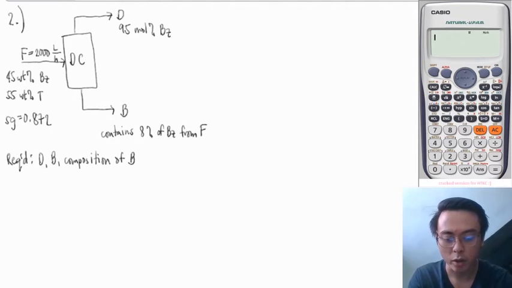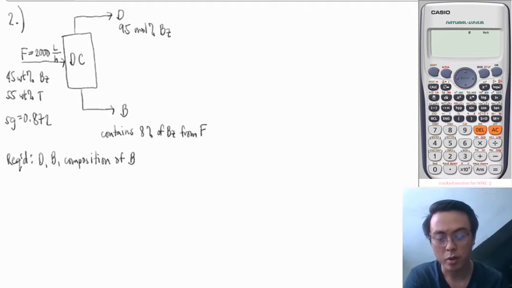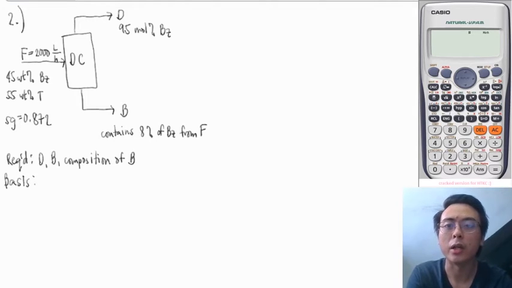We are required to solve the distillate and bottoms flow rate, that's D and B, and also we are required to solve for the composition of B. Okay, so let's start our solution. For our solution, we start with the basis. If you take a look at the flow charts, you can already find your basis.